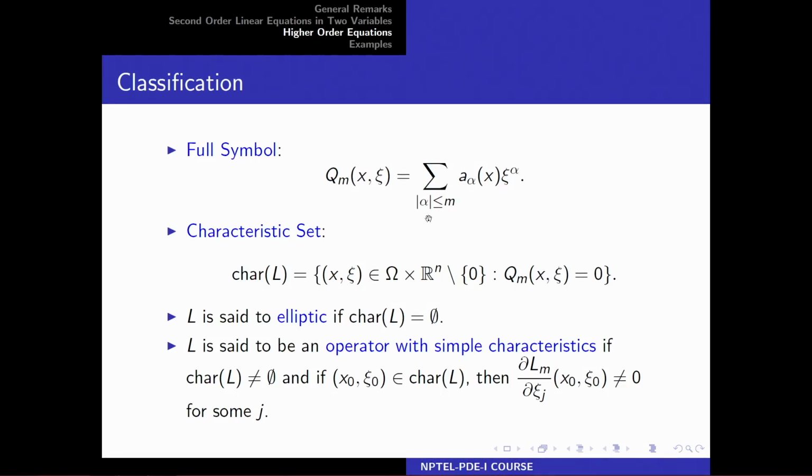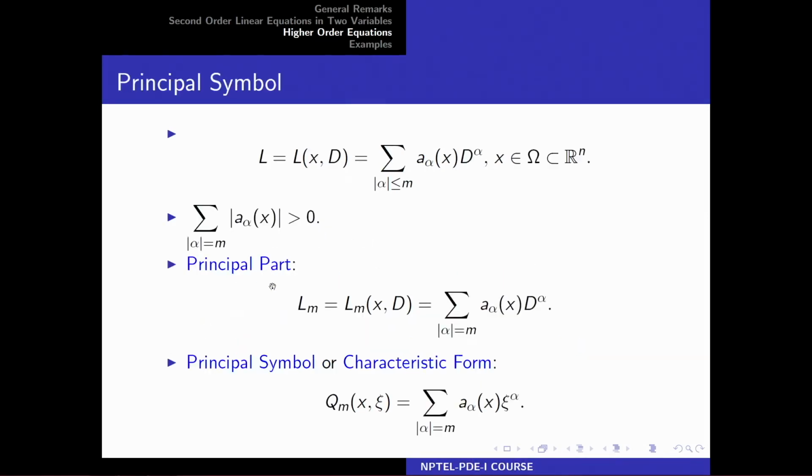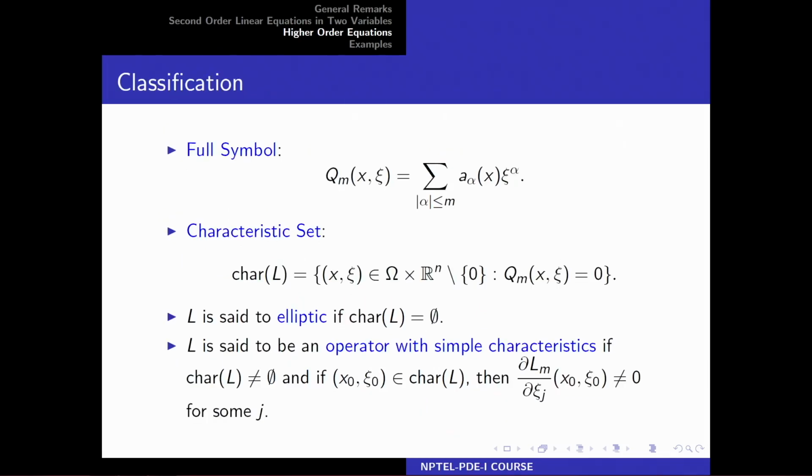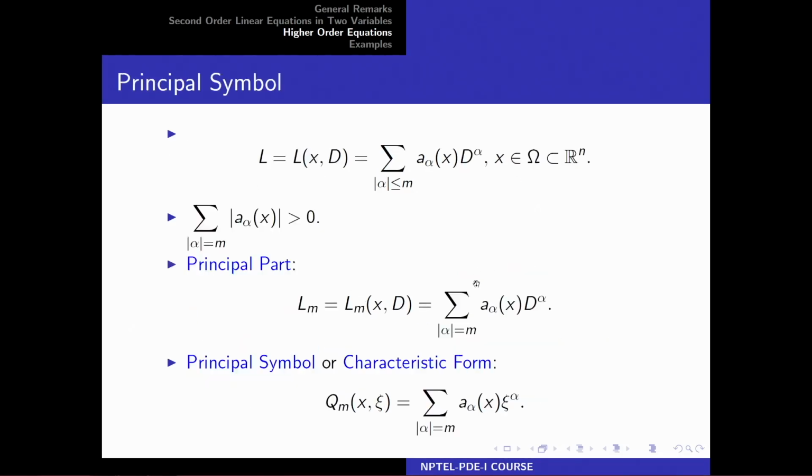So, now we define the characteristic set of the operator L. That L you remember is the partial differential operator under study, and that is the set of all x xi in omega cross R n minus 0. As I said, q m is a homogeneous polynomial in xi, so xi equal to 0 is always a root.